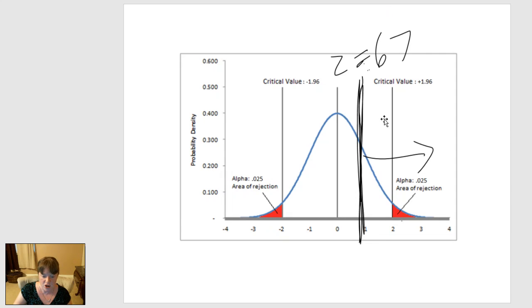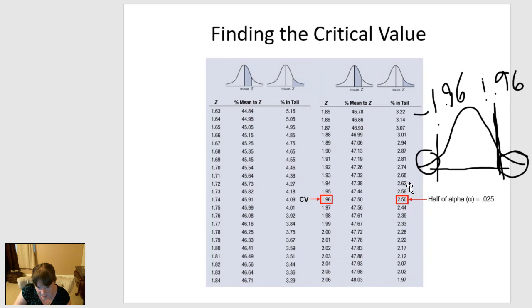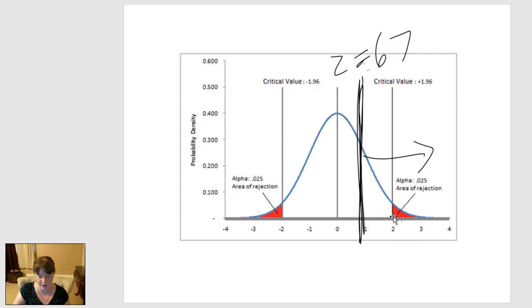Make sure you understand that because I chose an alpha of 0.05, I found 2.5% in the tail. This told me that the z that corresponds to 2.5% is 1.96. So now I've got my two-tailed alpha, 0.025 in here, 0.025 in here. So my upper critical value becomes 1.96. My lower critical value becomes negative 1.96. And here's my z statistic. Not more extreme than the critical values, failed to reject the null.